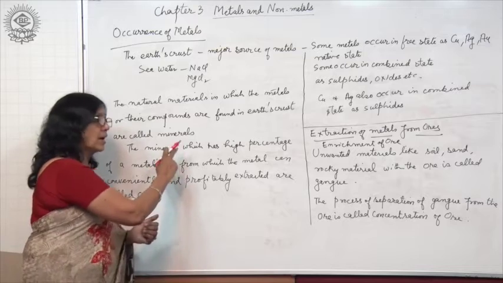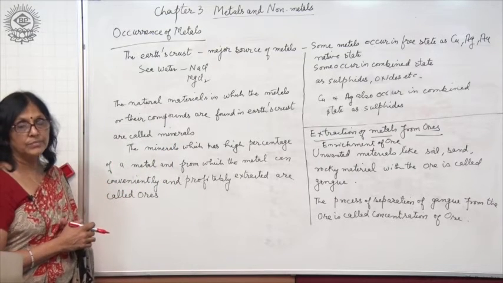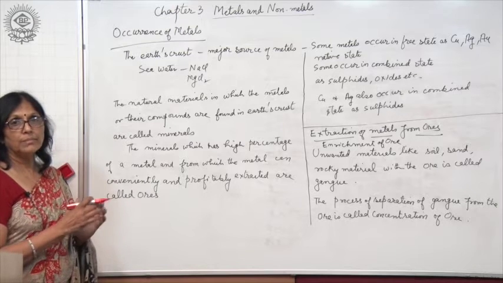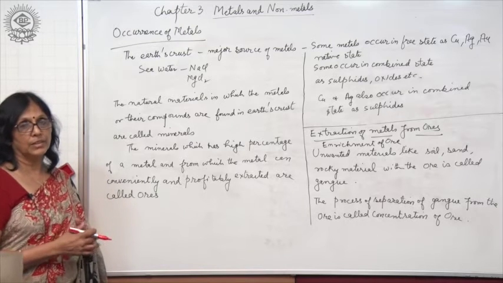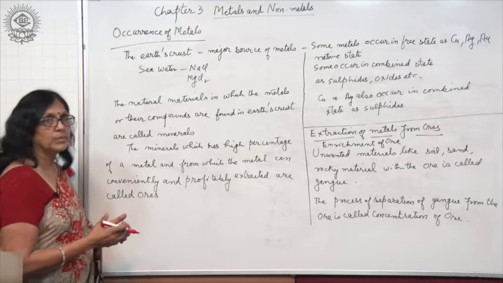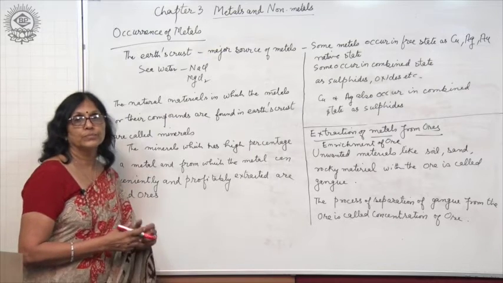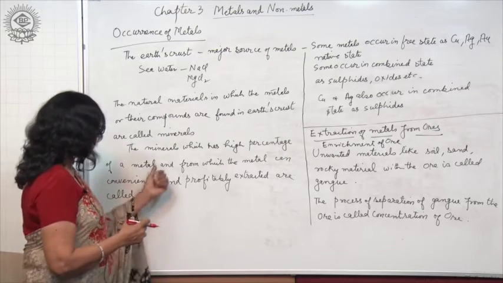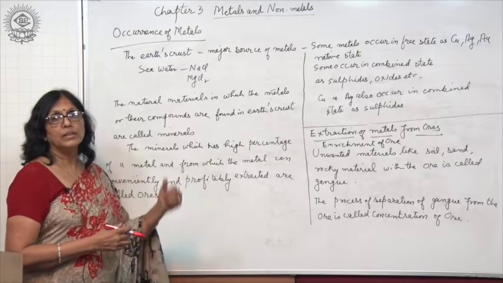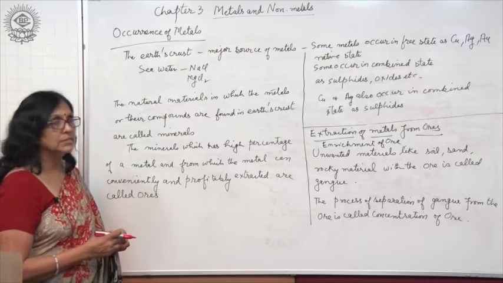So, the conditions are that the mineral should have a high percentage of the particular metal, and from that mineral we can extract the metal by a convenient process and in a profitable manner. So, those minerals are called ores. All ores are minerals, but all minerals are not ores. All minerals cannot be used as ores.